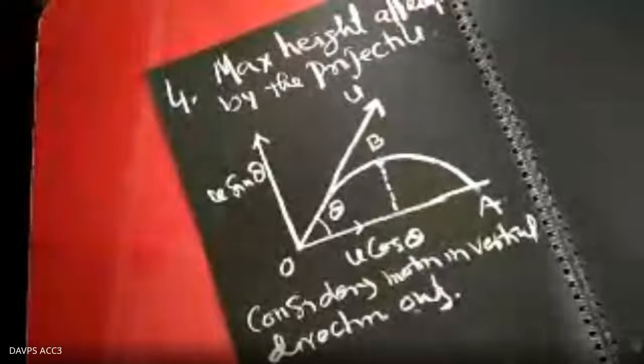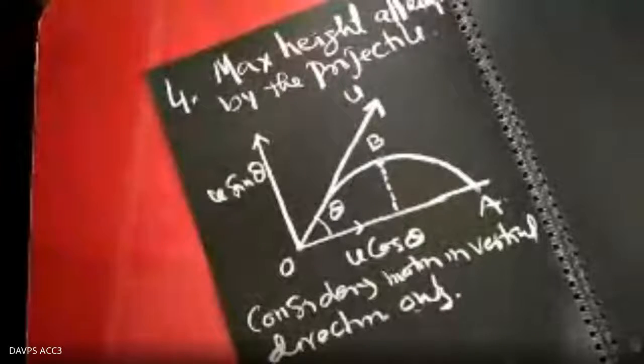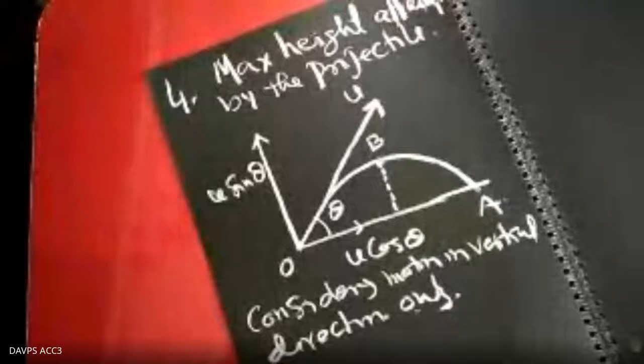It is correct. But you people have not understood till now. You are still in confusion. The projectile is moving under the influence of two velocities, u cos theta and u sin theta.